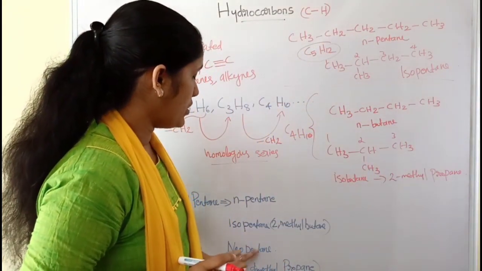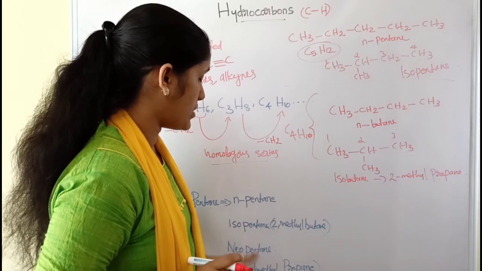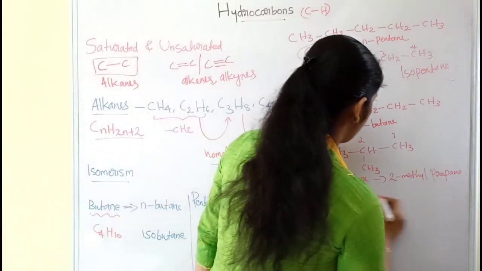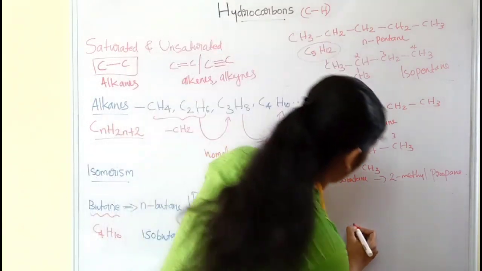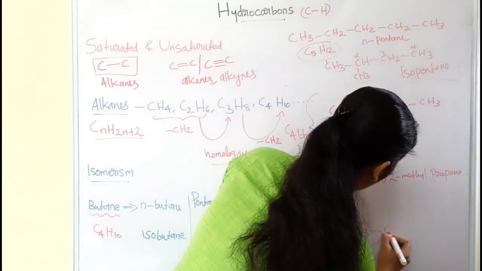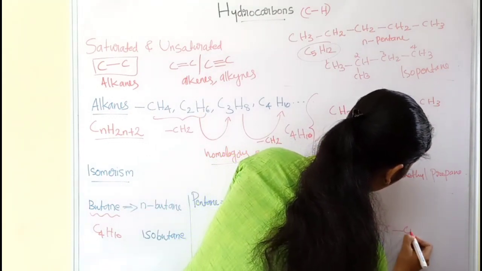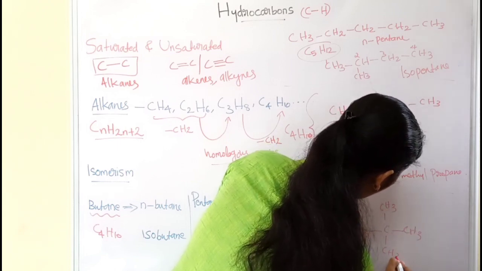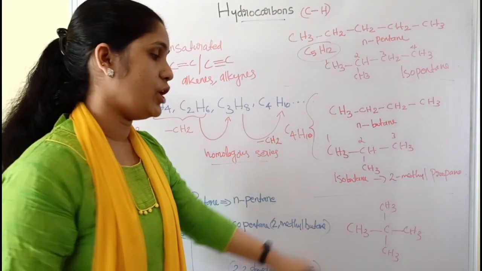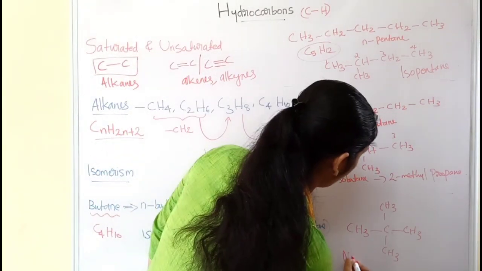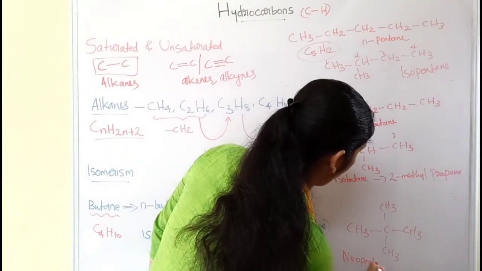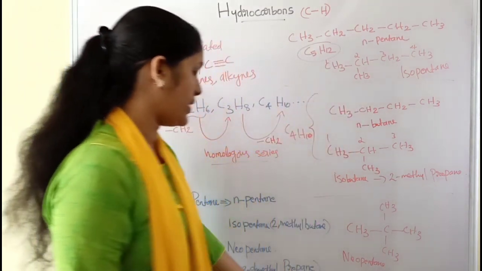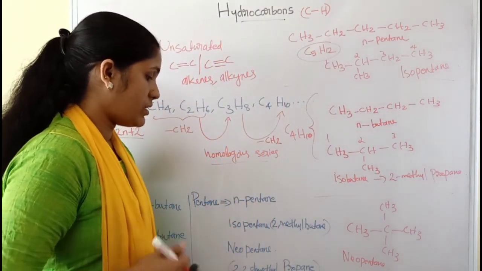Now the last one is neopentane. What is the structure of neopentane? Let's draw it as CH3, then C, CH3, CH3, CH3. This is neopentane, and its IUPAC name is 2,2-dimethyl propane.